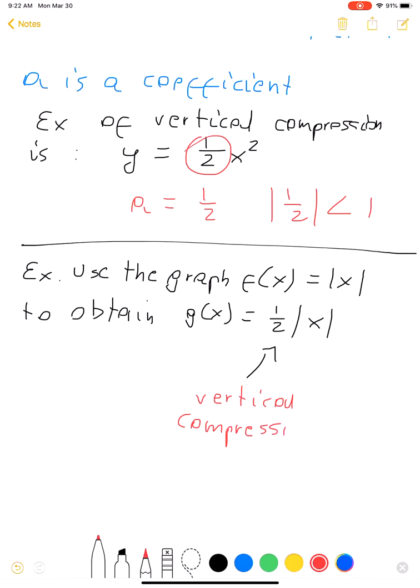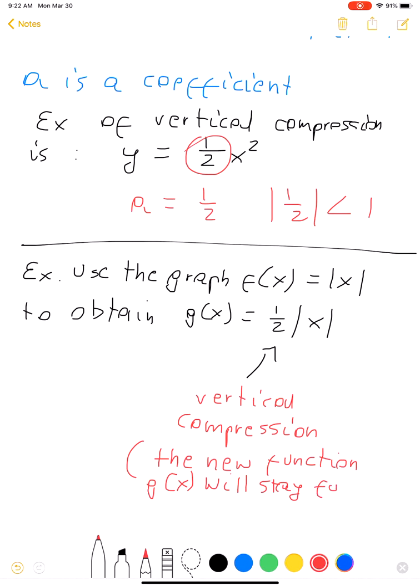We have vertical compression. Okay, so with the vertical compression, just write a note. The new function g of x will stay farther away from the y-axis.